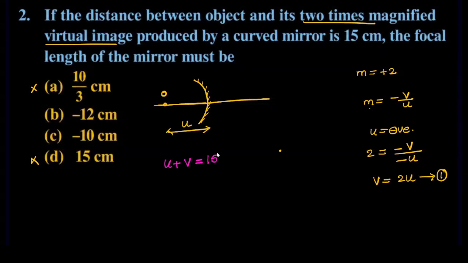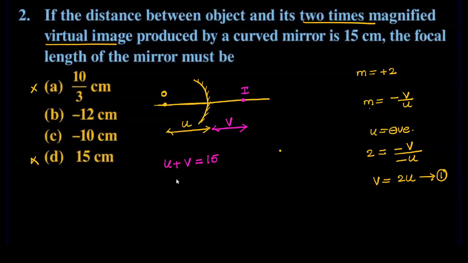Here the image must be formed on this side. This is the image distance. So v plus u is given as 15, and v is 2u.